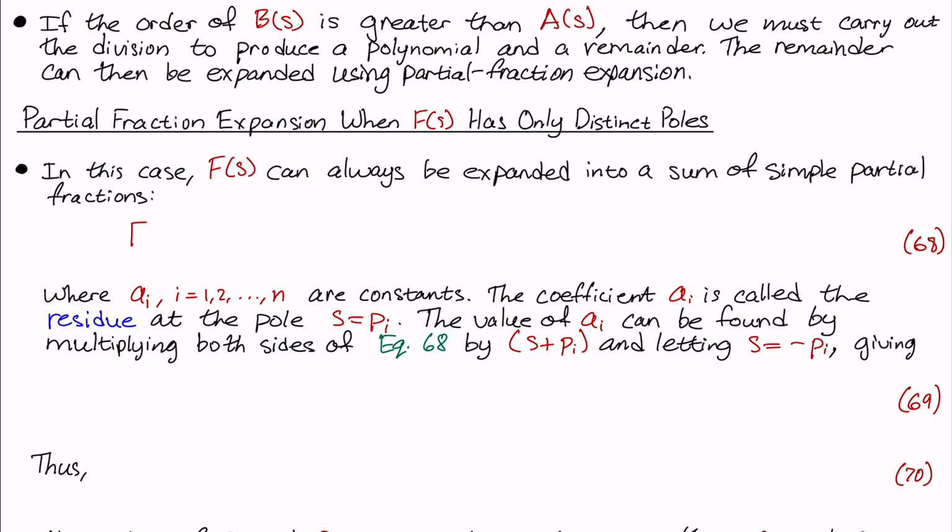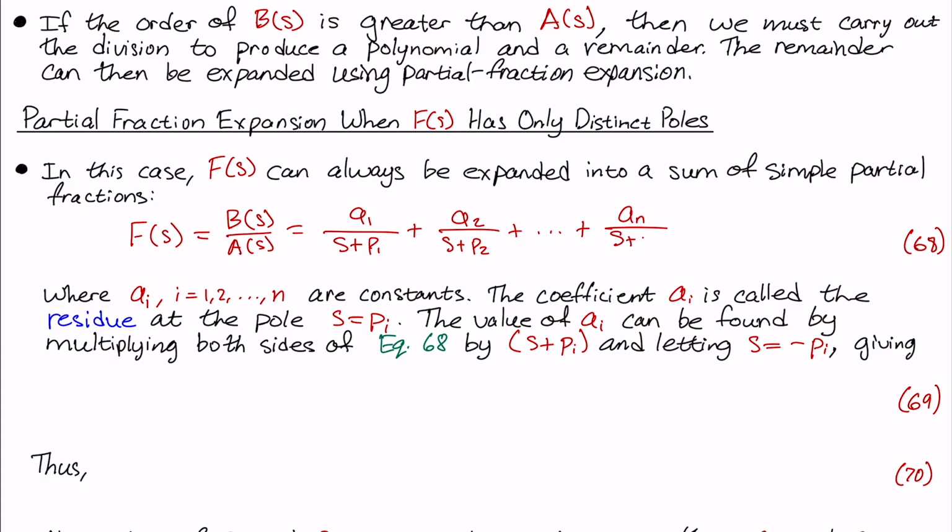And so in this case, we can write that f of s equal to b of s divided by a of s is equal to some constant a1 over s plus p1, plus constant a2 over s plus p2, plus ... plus an over s plus pn. So we can always expand into this sum of simple partial fractions.